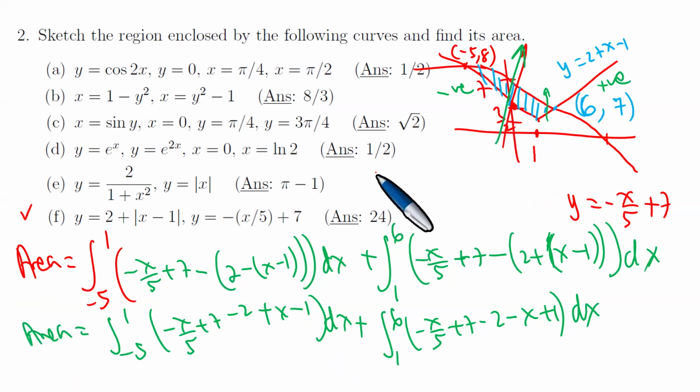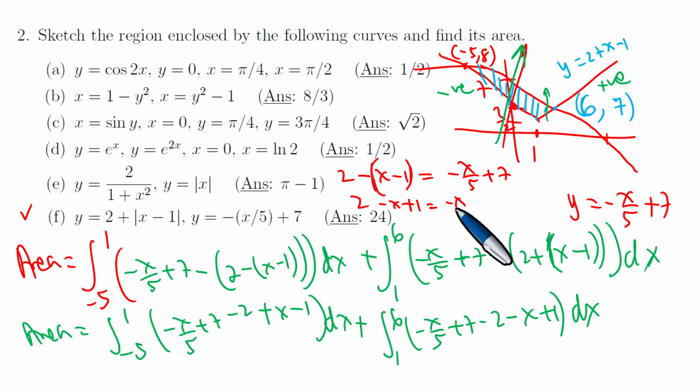So obviously we can see that you have this one negative slope, which is 2 minus x minus 1. It's going to be equal to the straight line, which is minus x out of 5 plus 7. So 2 minus x plus 1 is 3 minus x, equal to minus x out of 5 plus 7.